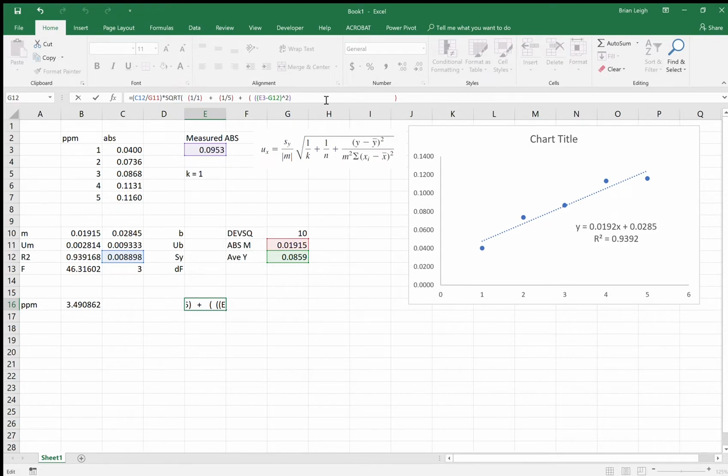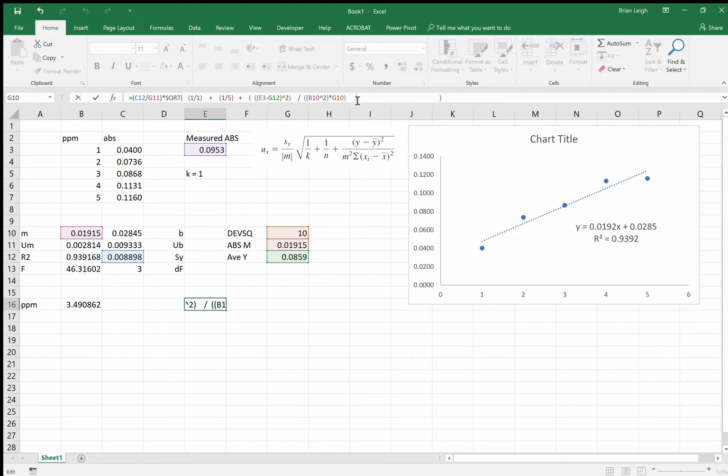And that's going to be divided by, open a parenthesis, this m squared, times our depth squared here. Okay, so that's our equation on the bottom. That's our equation on the top.